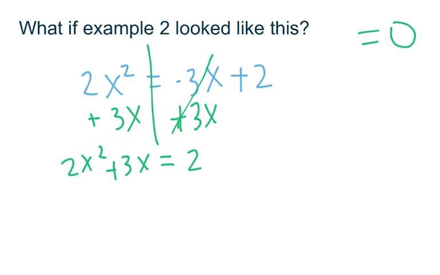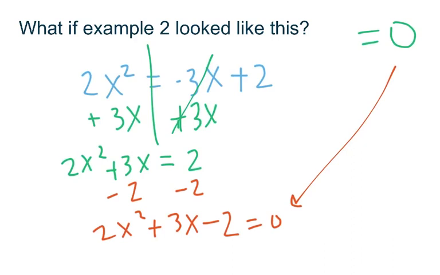And then I'm going to move the 2 over as well, which is what we did in that last problem. So I get 2x squared plus 3x minus 2 equal to 0. And that's what we wanted. Notice I didn't combine anything because there were no like terms. From here, you could do the diamond and the box and solve.